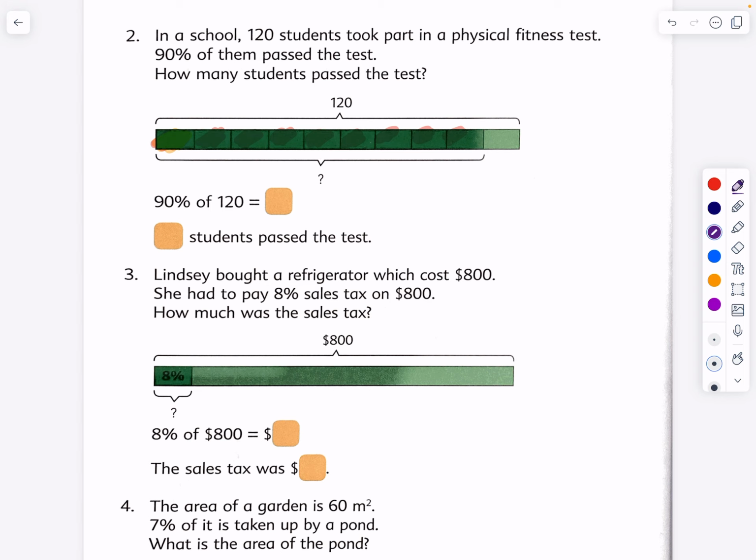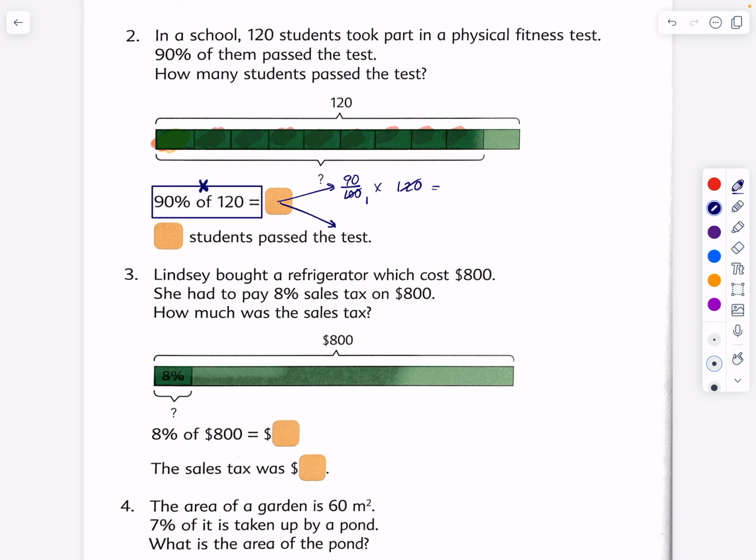It's 90 out of 100. Here we're doing 90% of 120. How would we think about it? Again, one way and the second way. You can say 90 out of 100 times 120, right? Of means multiply in mathematics. Now, there are two ways to think about it.